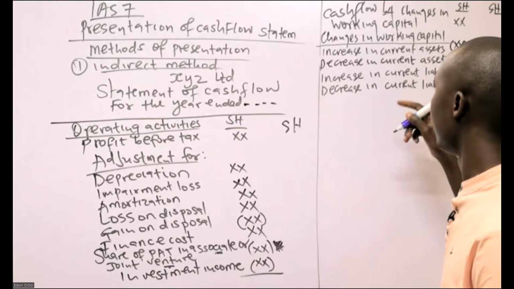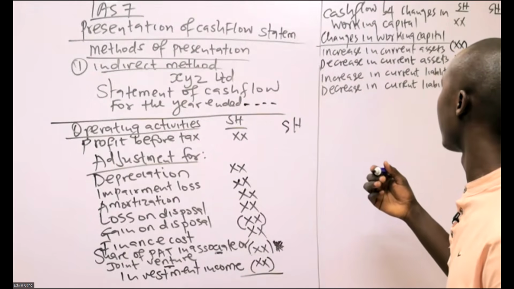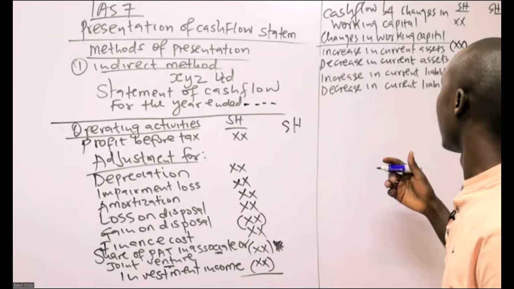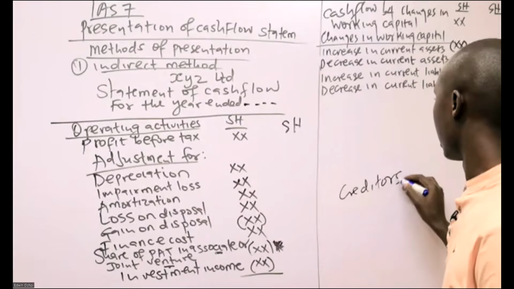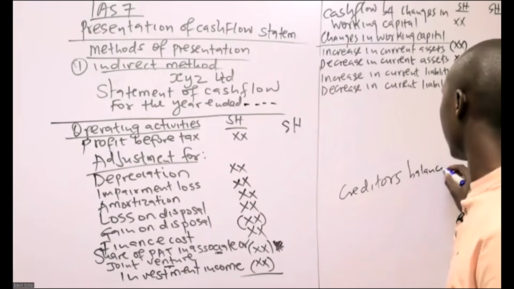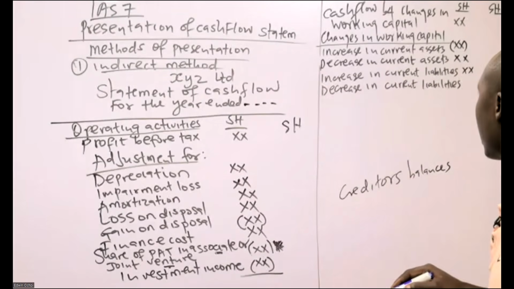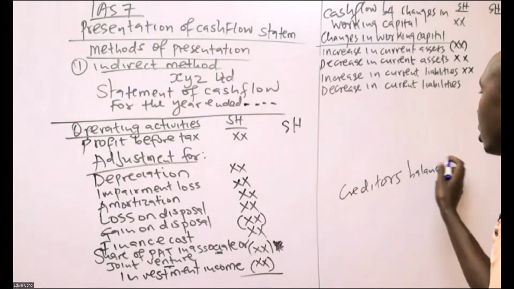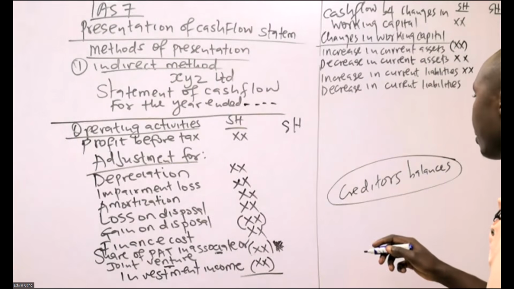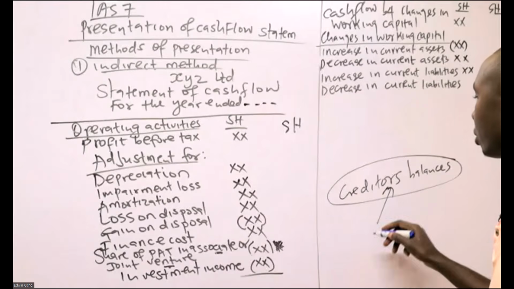In current liabilities, let me use this example: creditors balances. Who are the creditors? The individuals who sell to you on credit.